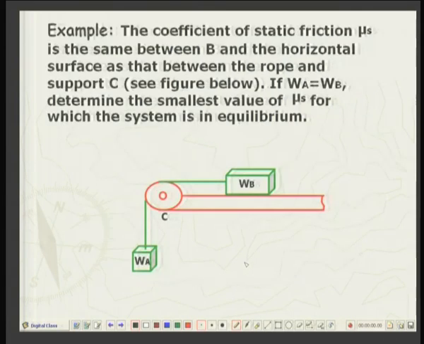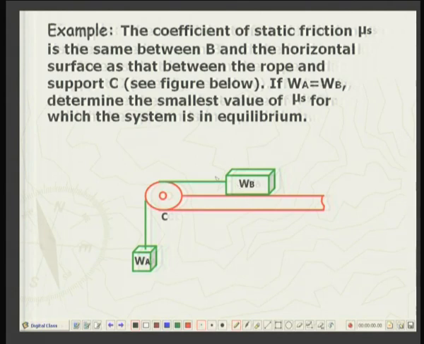Let's take up another example in which we have a weight WB and another weight WA. The example reads like this: the coefficient of static friction mu s is the same between B and the horizontal surface. So this is the weight WB and this is the horizontal surface.